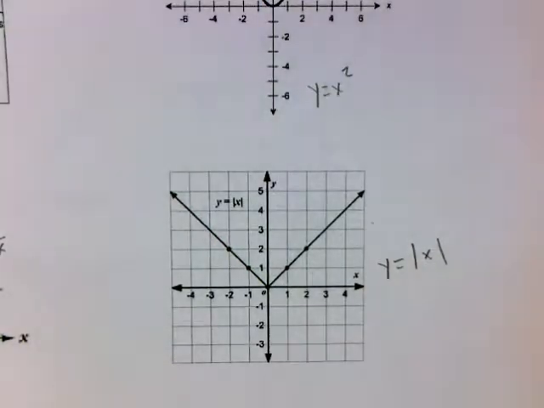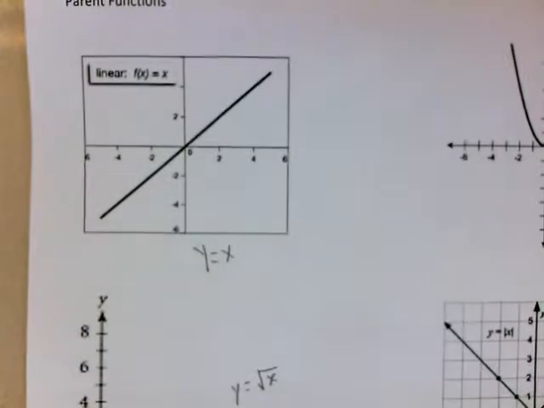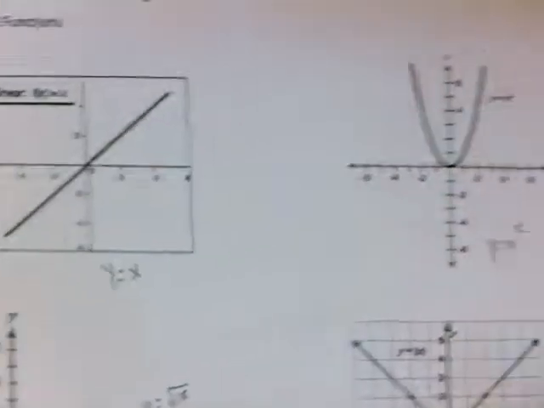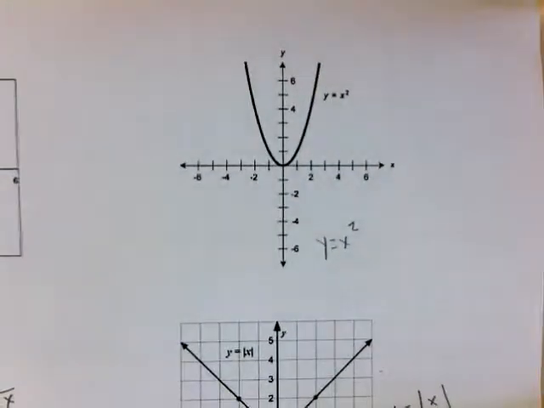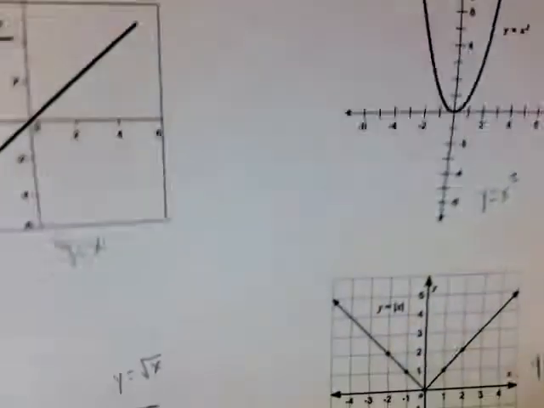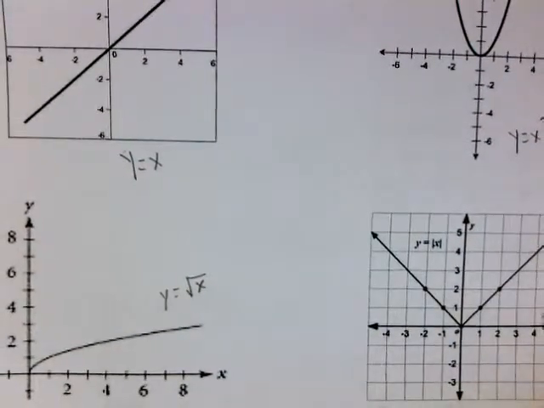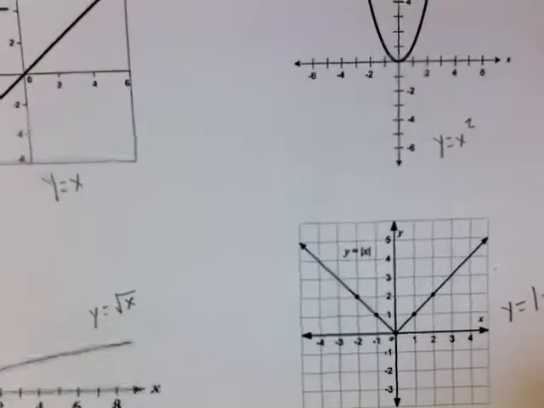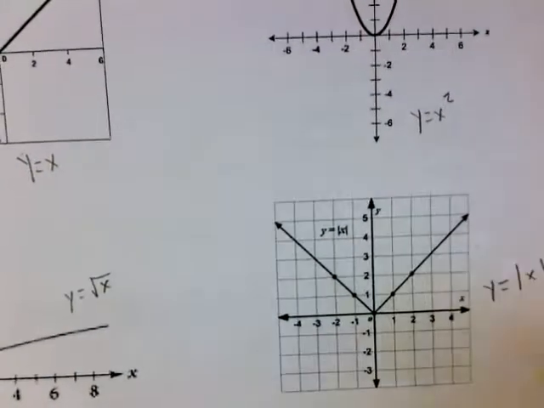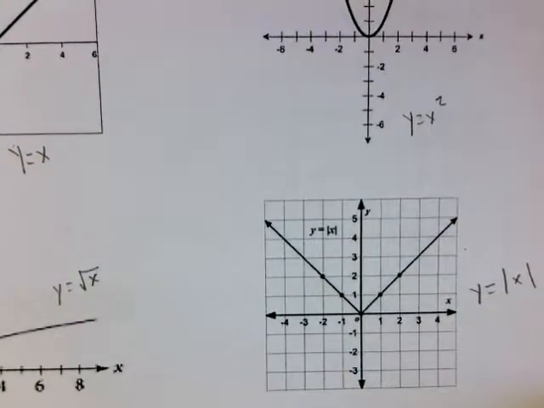Okay. So, y equals x, y equals x squared, y equals the square root of x, y equals the absolute value of x. Okay.